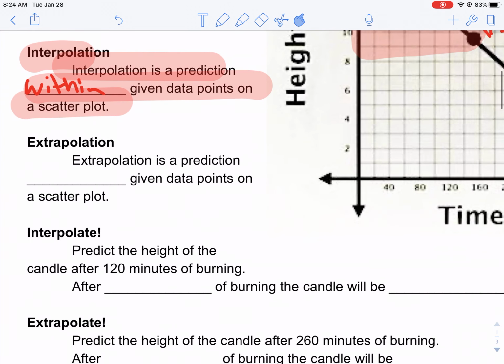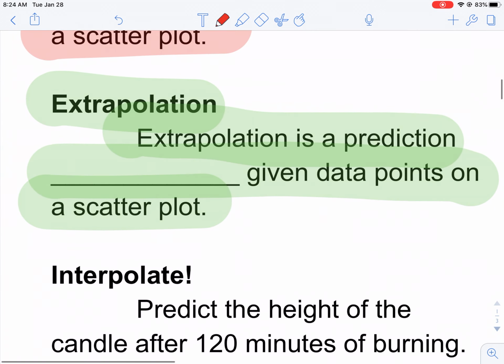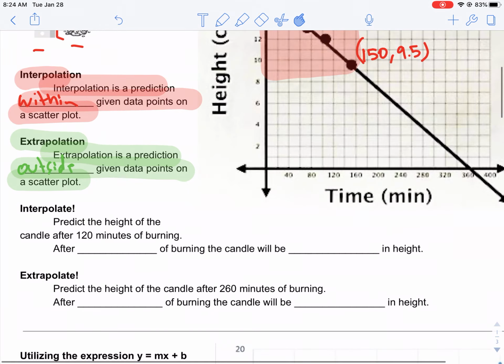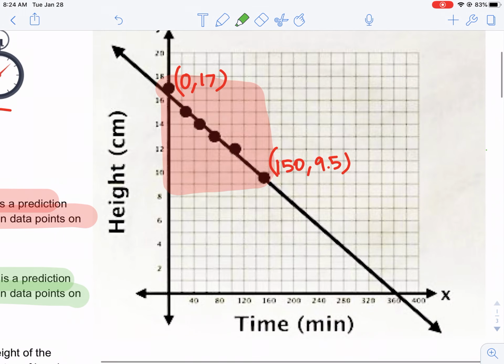Okay, so extrapolation. Extrapolation is a prediction outside given data points on a scatter plot. Outside. So if you're ever making a prediction about this data and you're falling into this range down here, you can still use your trend line to make predictions.